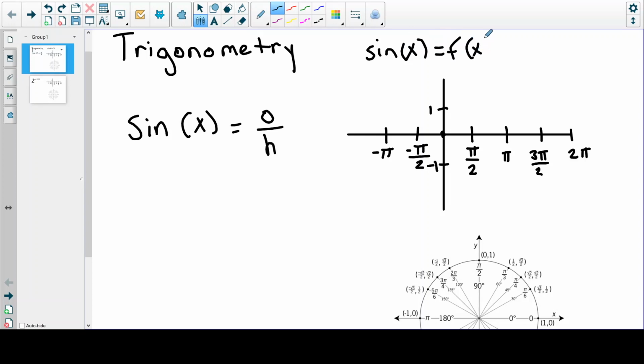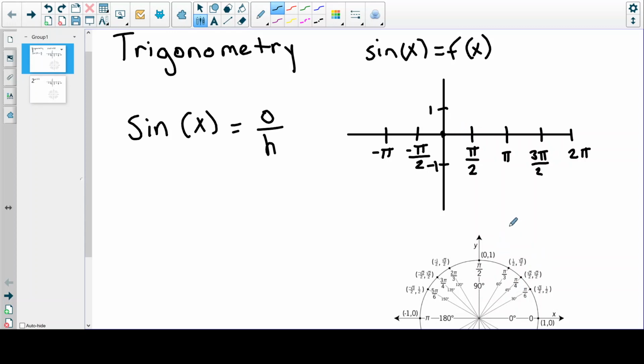What we're doing is inputting values and graphing them to show that the function of sine directly relates to the graph. If you plug in values from the unit circle, the values that the unit circle gives you create this graph, this wave.